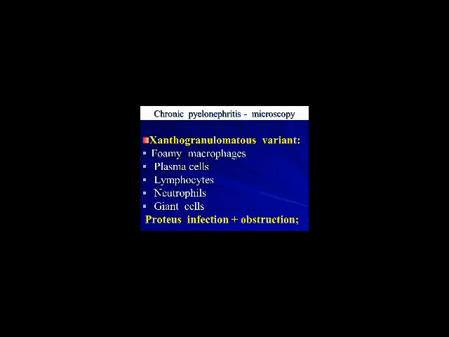There is a specific form of chronic pyelonephritis which is called xanthogranulomatous pyelonephritis, and in this case you will see foamy macrophages in the kidney in addition to plasma cells, lymphocytes, neutrophils and giant cells, and this occurs especially when there is Proteus infection and there is obstruction.